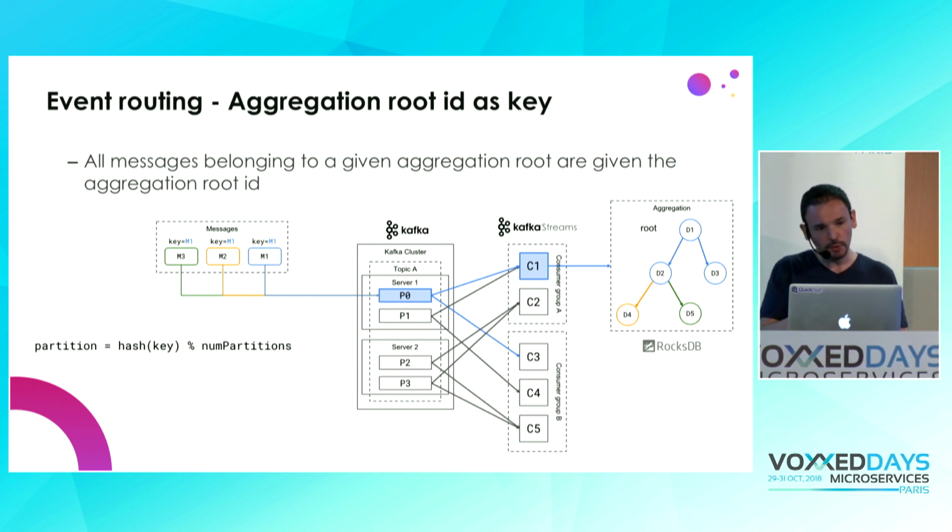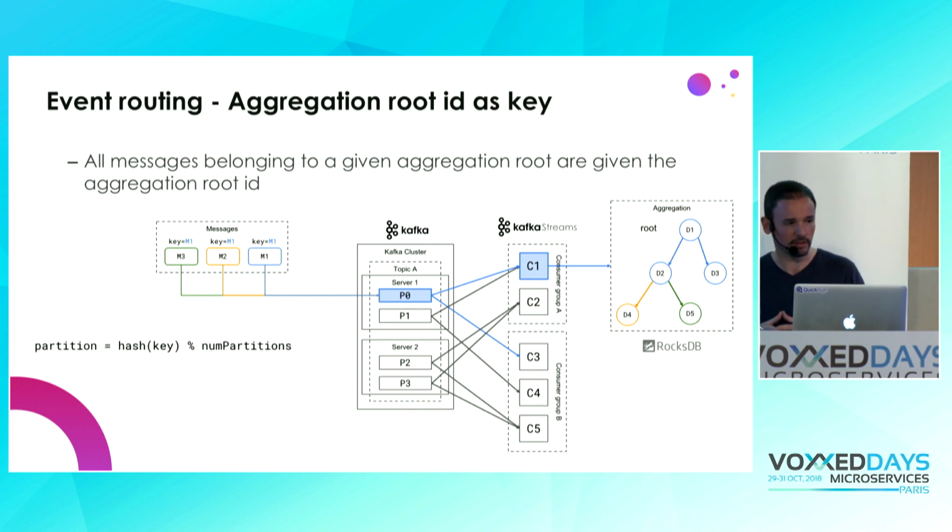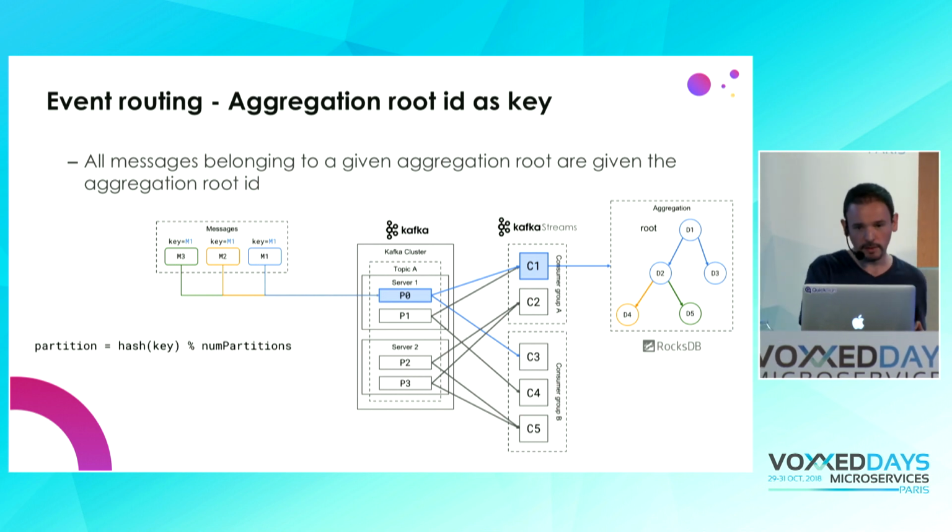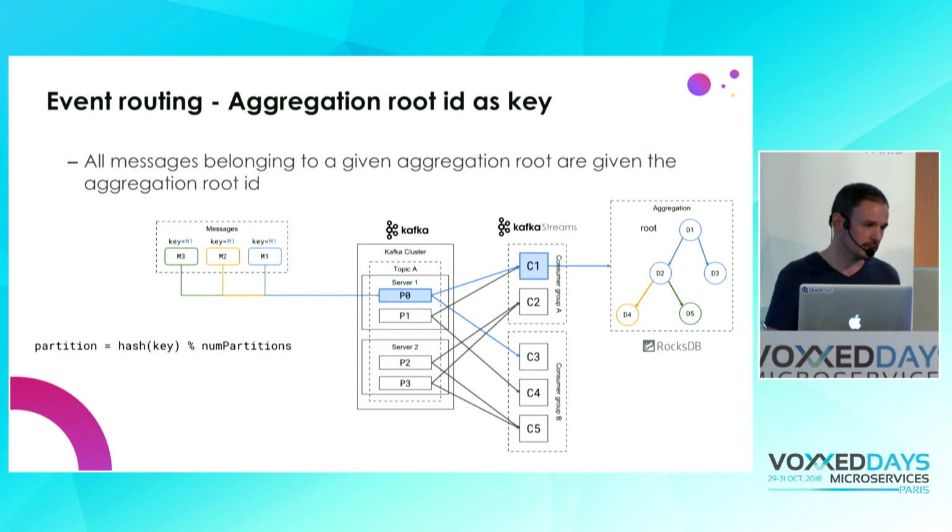And when you publish the M2 and M3 messages, you need to give them the same key as the M1 message. So you give them the M1 key. So the M1, M2, and M3 messages all have the M1 key.